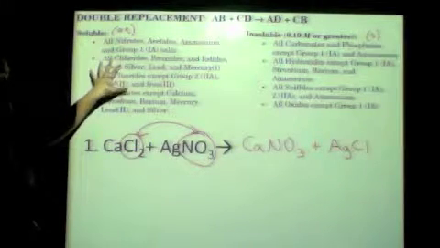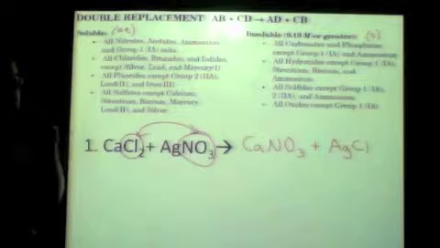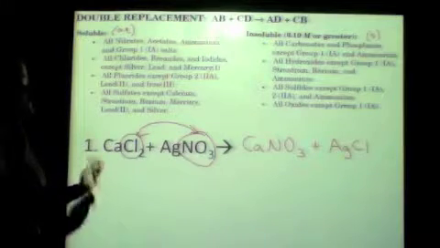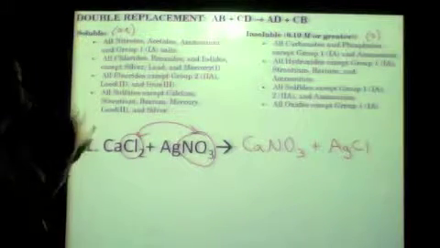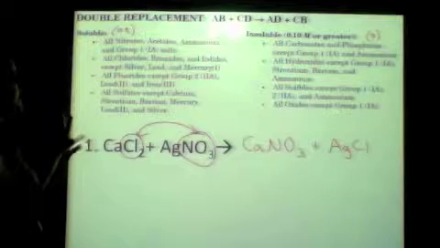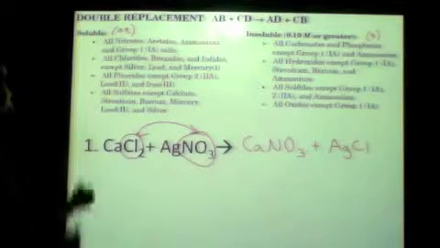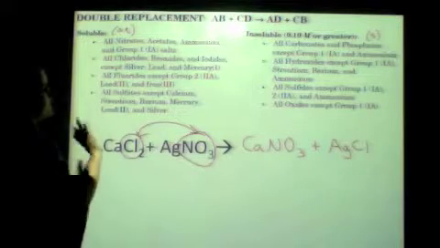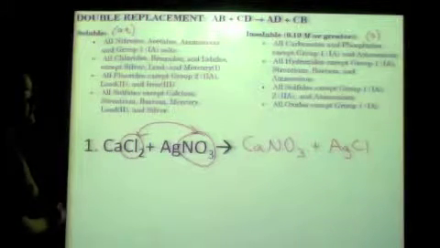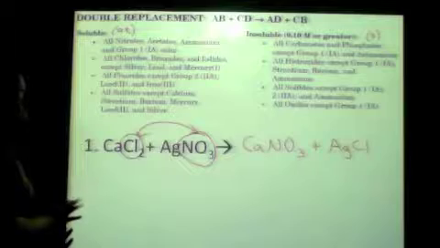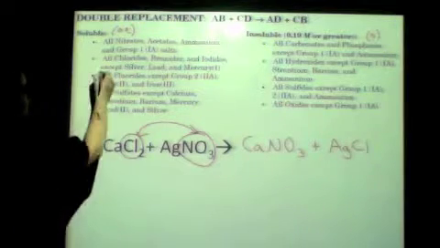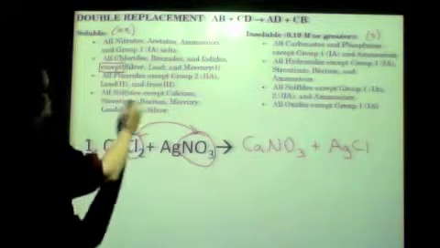Step 2, we now check the solubility rules and make sure that we have at least one solid. Now, real quick, I do want to talk a little bit more about the solubility rules because you have this one little word that can make a huge difference, and that's the word except. So everywhere you see the word except, you need to highlight, underline, circle, whatever the word except.